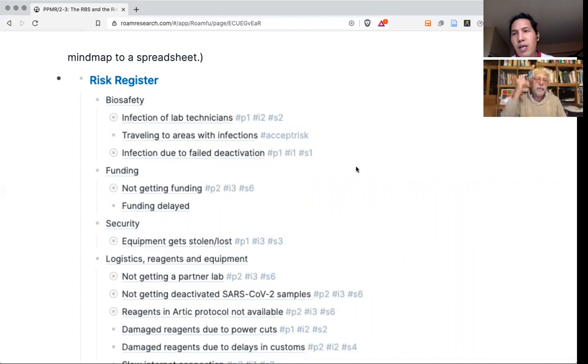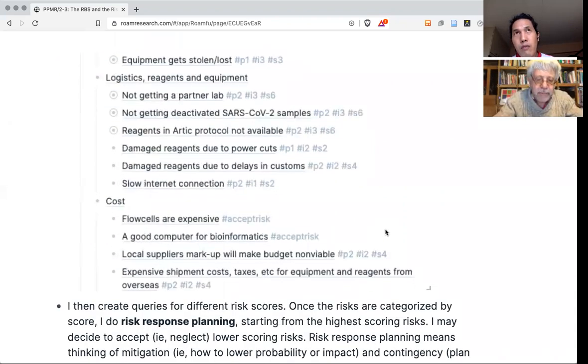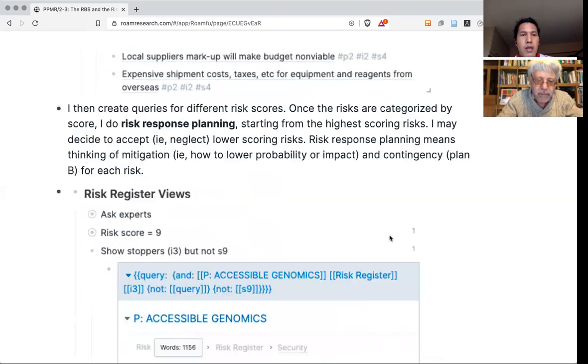Actually, some of my fears here were unfounded, and there were also some risks which we were not able to anticipate. So I will update this so that this could be a resource for future projects. That's also another way of capturing your knowledge: you update your project documents after the project.